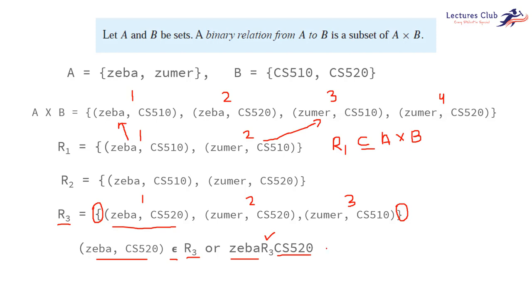Similarly, if there is an ordered pair which is not an element of the relation, like if Zeba CS510 is not present in R3, we will write Zeba CS510 is not an element of R3. We will just cross the element symbol epsilon. Similarly, here we are just crossing the R3 relation as well. Now we will see how we can represent a relation graphically.